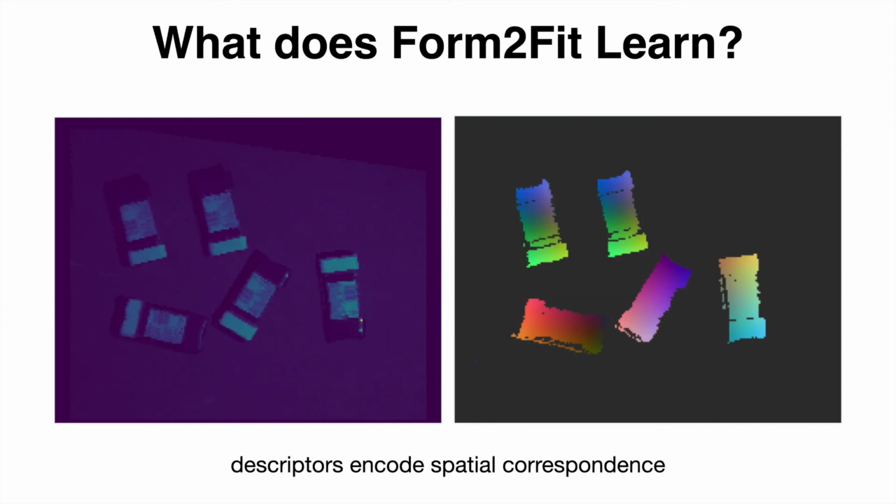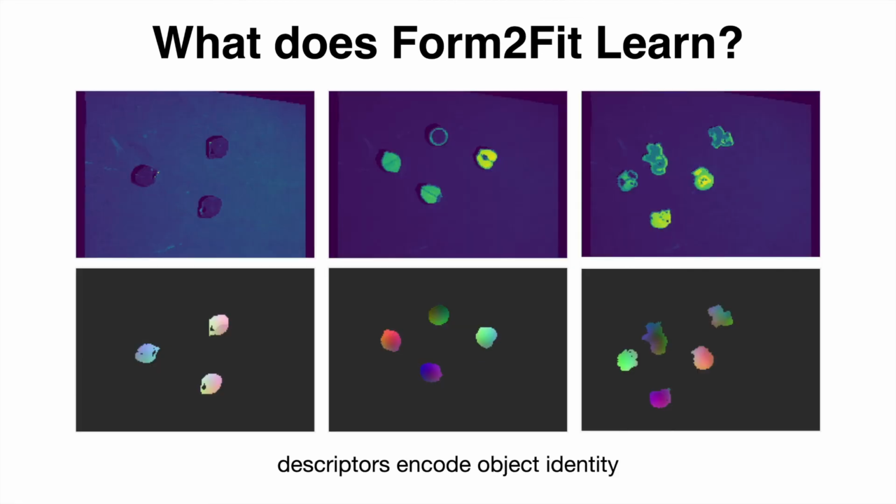Also, the network learns the spatial correspondence, since the same point on the same object will share similar descriptors. And finally, the network also learns to encode object identity, since different objects will have very different feature encoding.